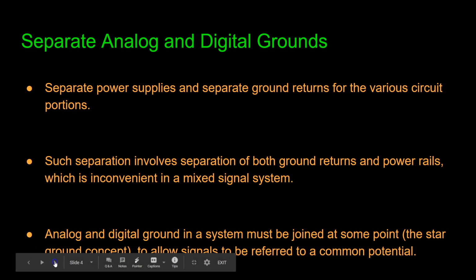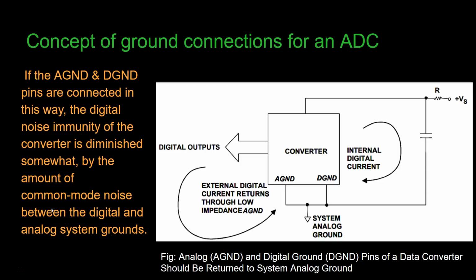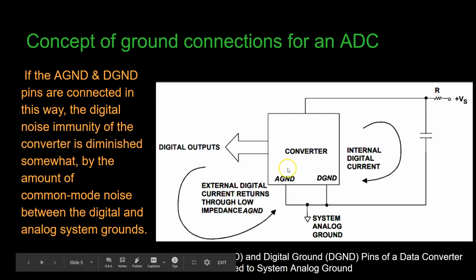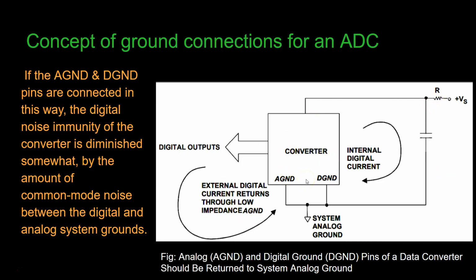Now moving on to the next slide. This slide talks about the concept of ground connection for an analog to digital converter. Here in this circuit you see this is a converter, and this AGND stands for analog ground and this DGND stands for digital ground.